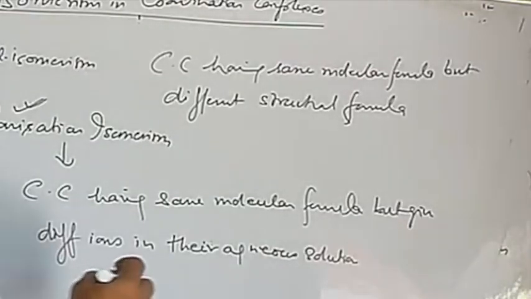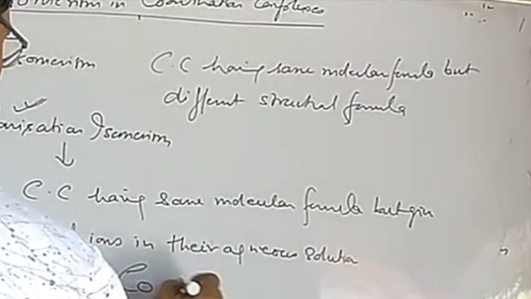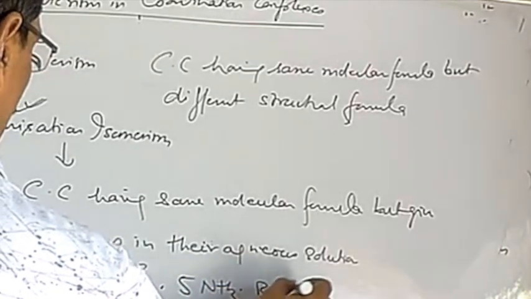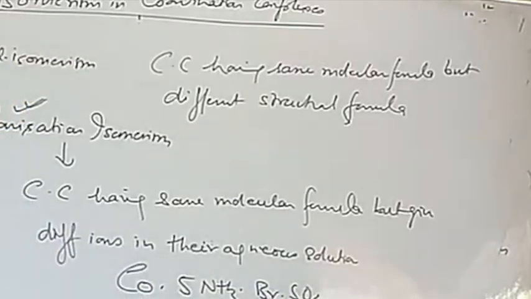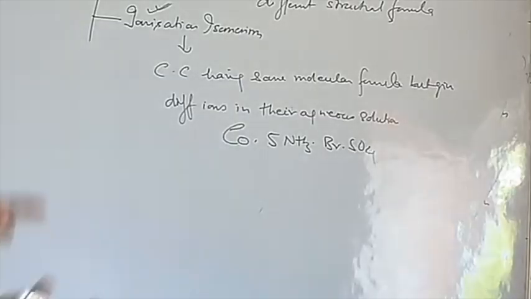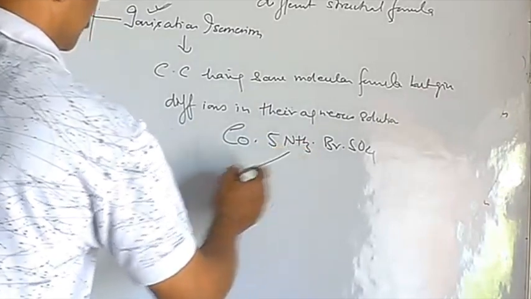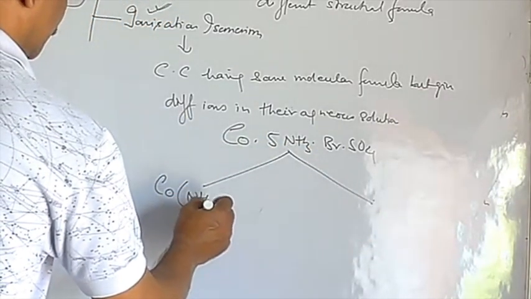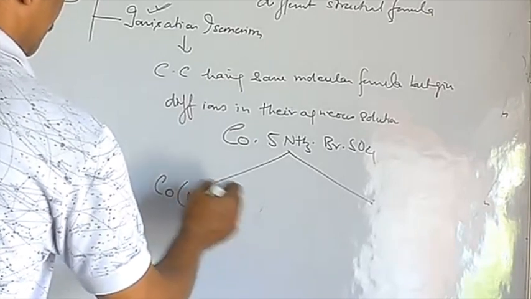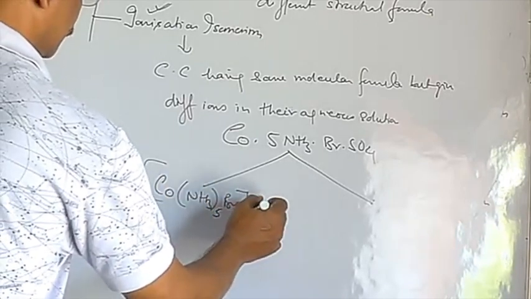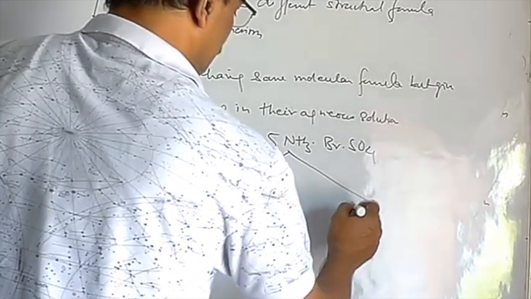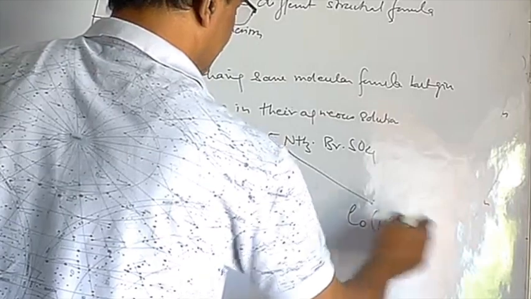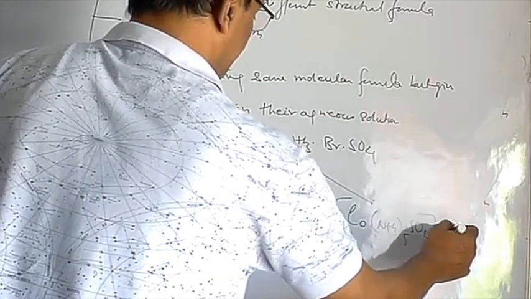Class, for example, [Co(NH3)5Br]SO4. It can be represented in two forms: [Co(NH3)5Br]SO4 with sulfate outside, and [Co(NH3)5SO4]Br with sulfate inside and Br outside.